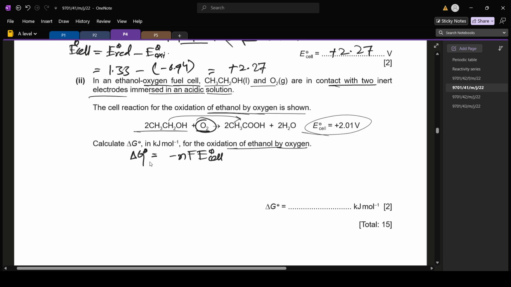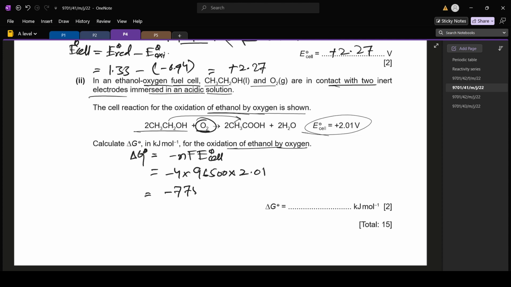So negative of 4 multiplied by 96500 multiplied by E cell, which is 2.01. From here you will get a value of negative 77586.